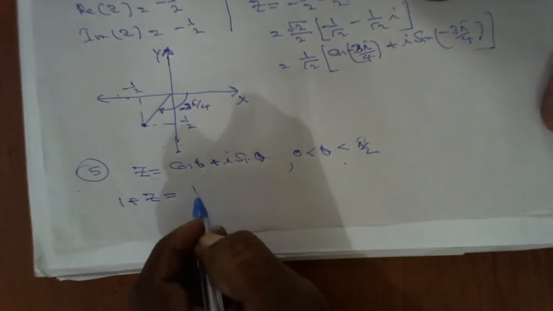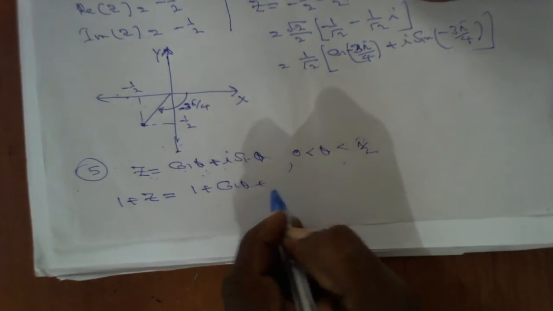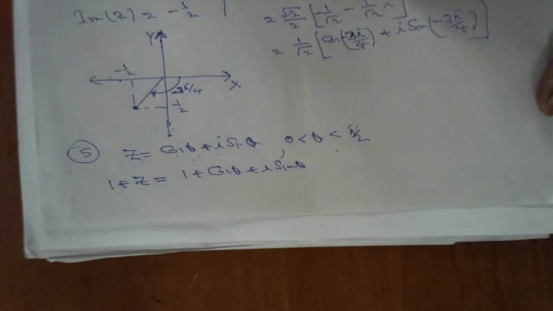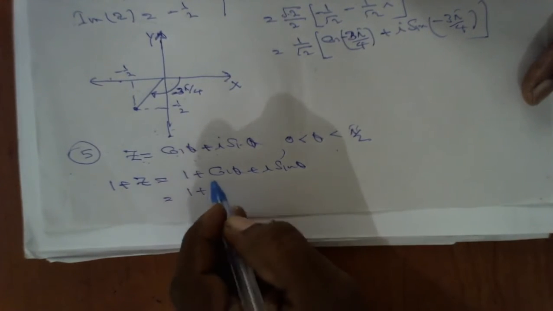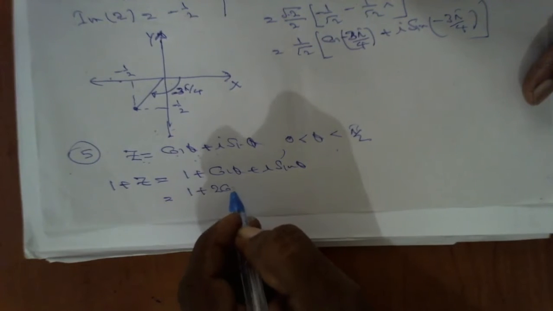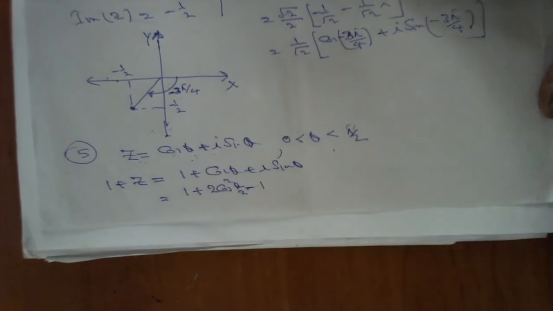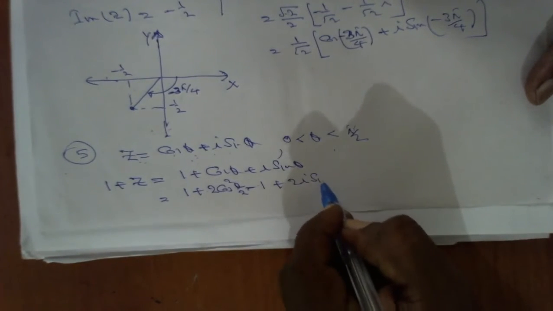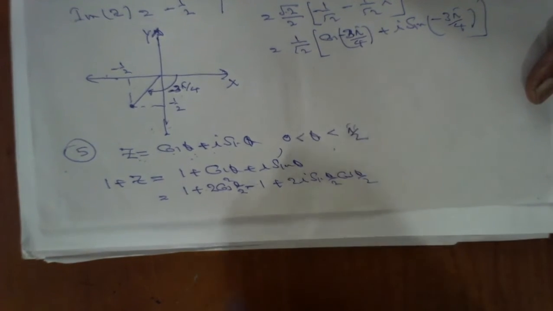1 plus g means 1 plus cos theta plus I sin theta. 1 plus cos theta can be written as 2 cos squared theta by 2 minus 1 plus 1, and I sin theta can be written as 2I sin theta by 2 cos theta by 2.